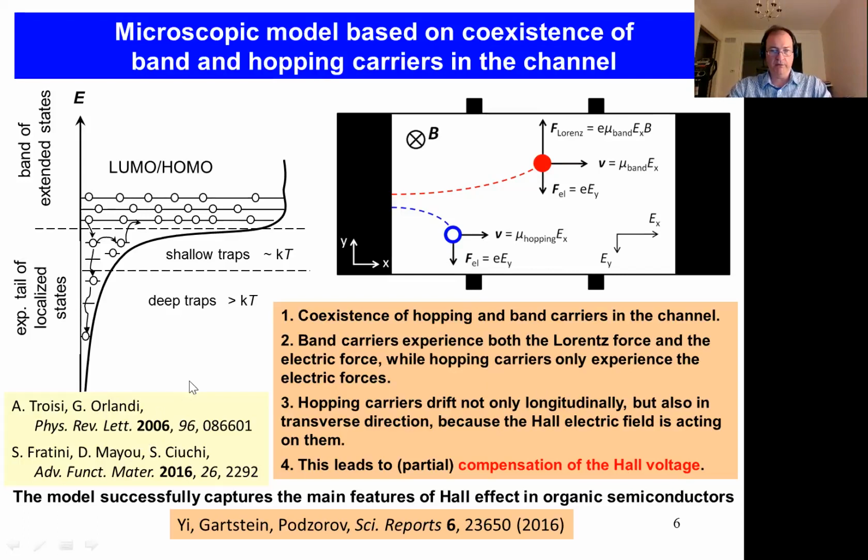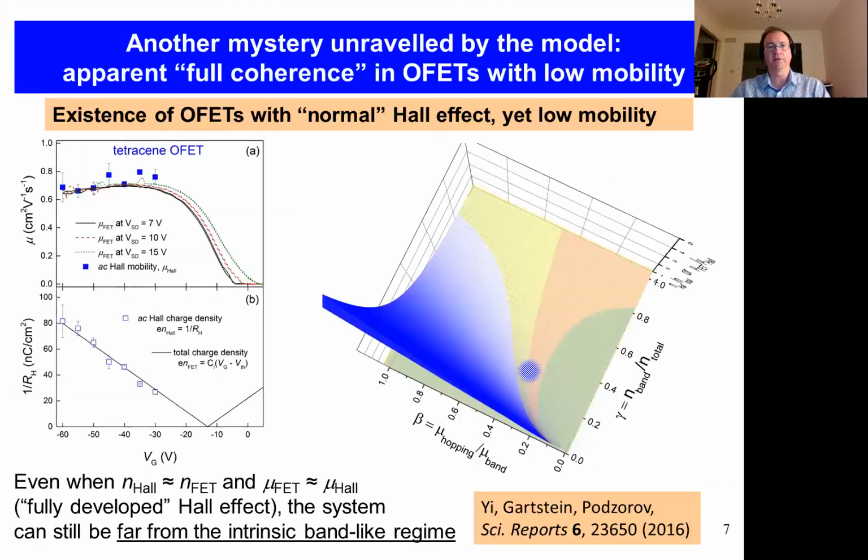So if you analyze this model in detail, you will see that it actually successfully captures the main features of Hall effect in disordered organic semiconductors, including that it explains some of the mysteries, including this one in tetrazine.